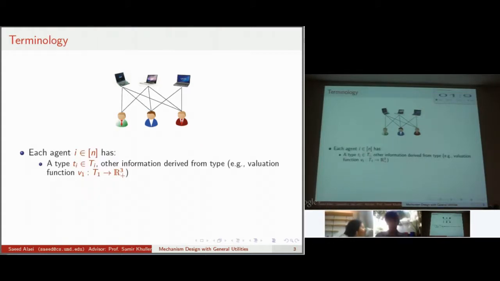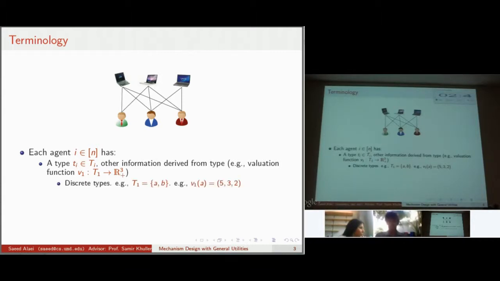Okay, so here is a bit of terminology. For each agent i, we denote the private information of the agent, which in this case is the valuation of the agent, by her type, which for agent i is denoted by little t_i. A capital T_i is the type space of the agent. We can have a discrete or a continuous type space.